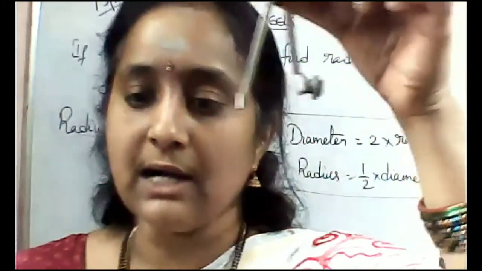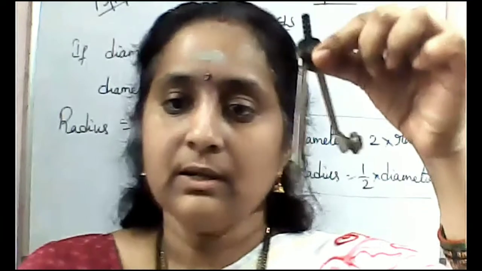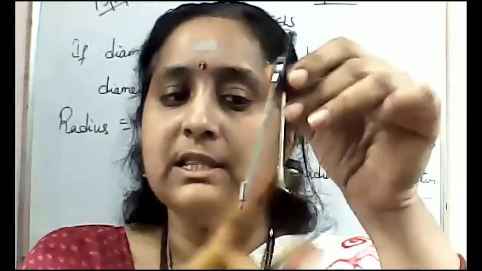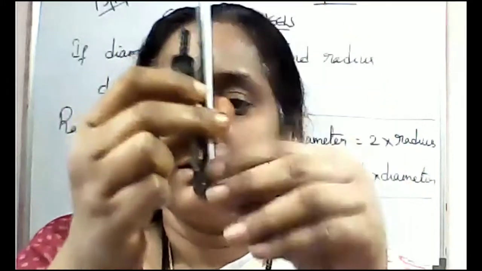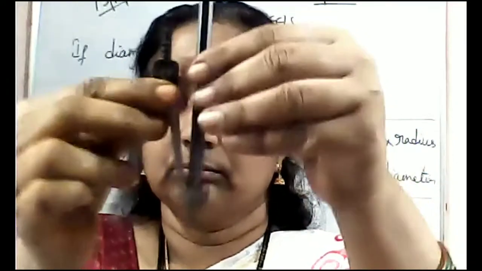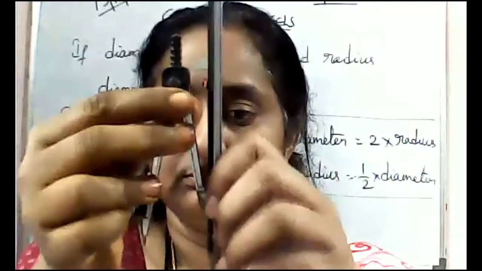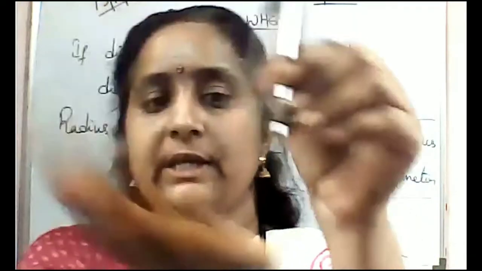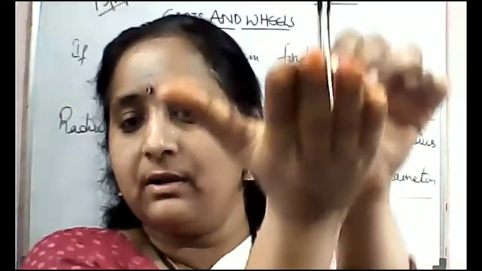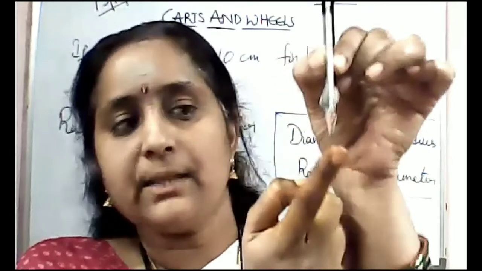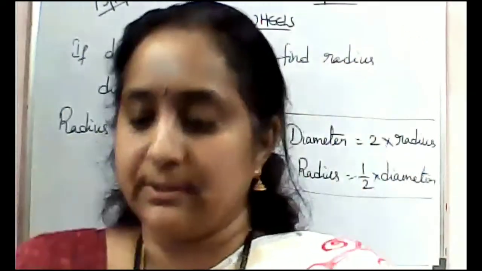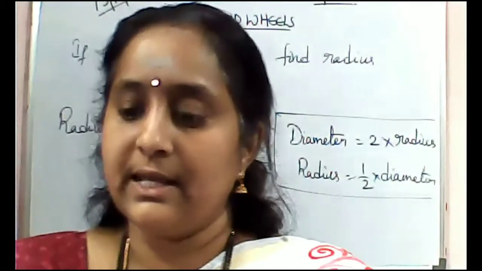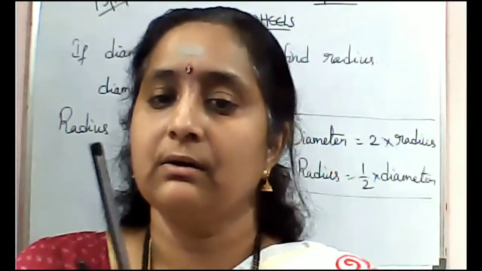So this is called a compass. Here at this point we have to keep the pencil, and make sure that the point of the pencil and the point of the compass are equal. And then fix it.